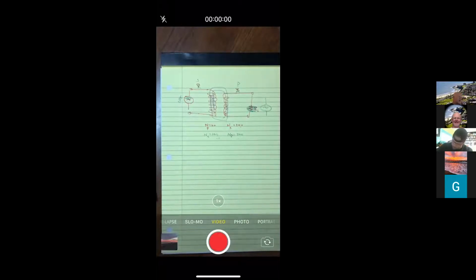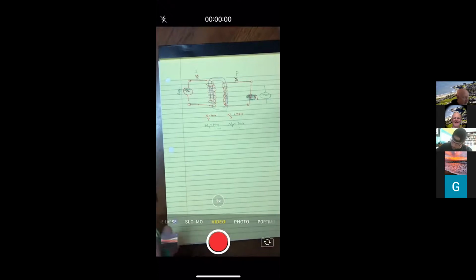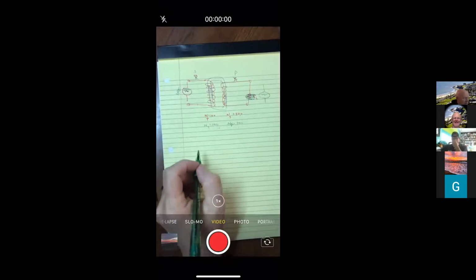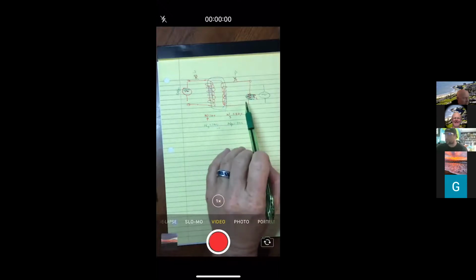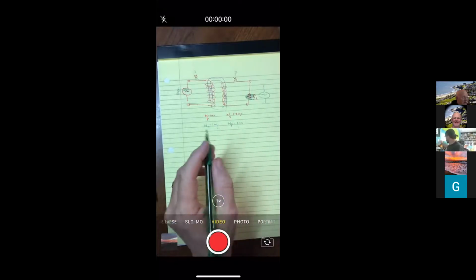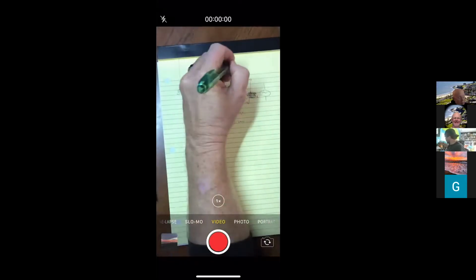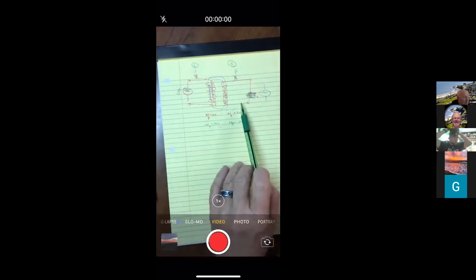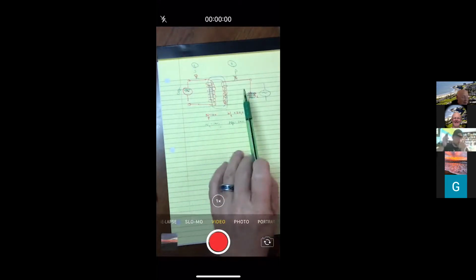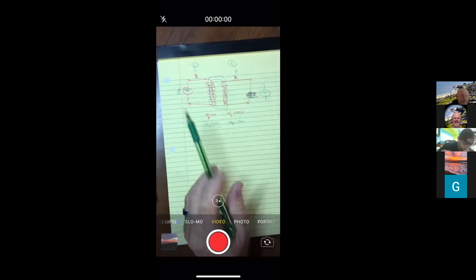So when it comes to a problem, that probably doesn't really help you. What really helps you is you've got to take a look at, I guess maybe the better way to say it is maybe not call it primary and secondary, but call it 1 and 2. Because they're going to give you the voltage at either 1 or 2, and you've got to find it at the other one.